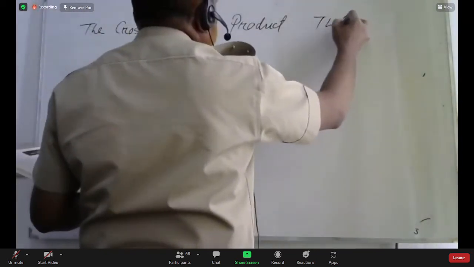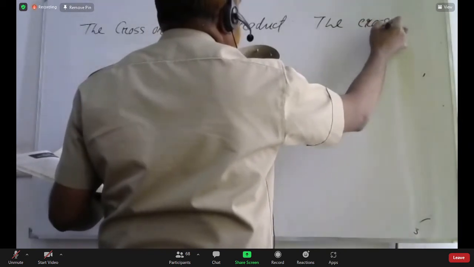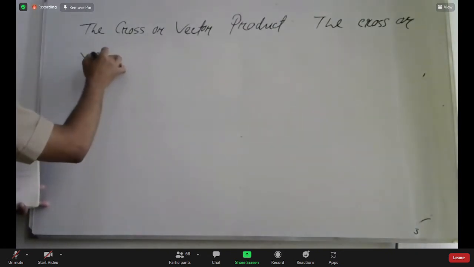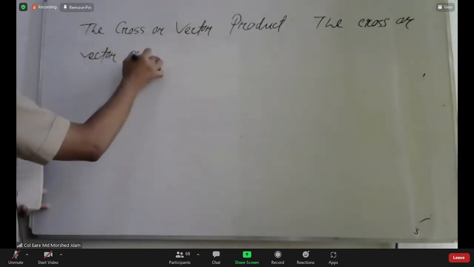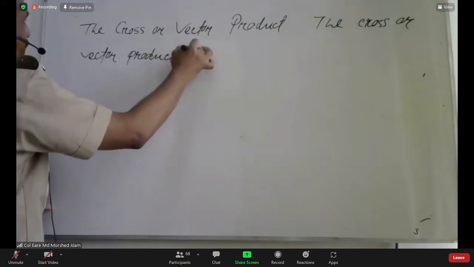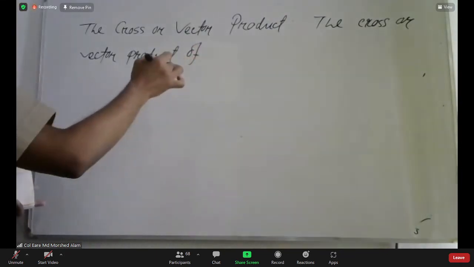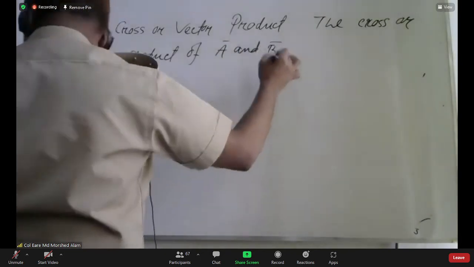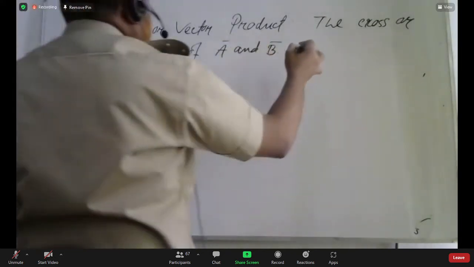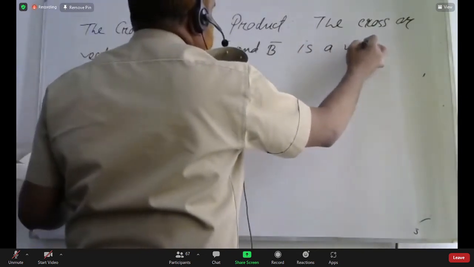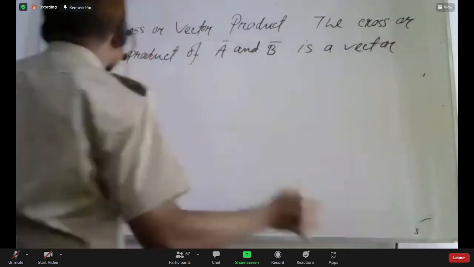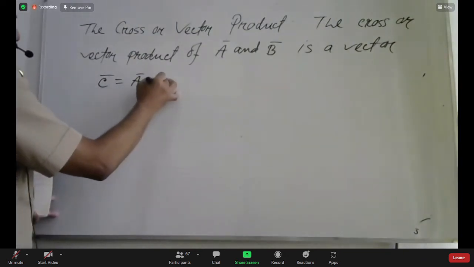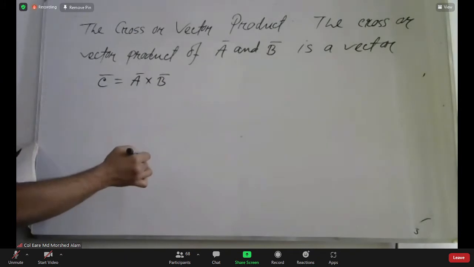The cross or vector product of vector A and B is another vector, a vector C. This is written like this, A cross B, and it is defined.